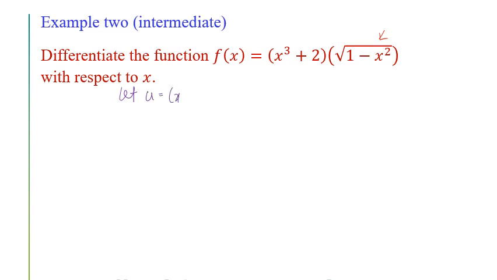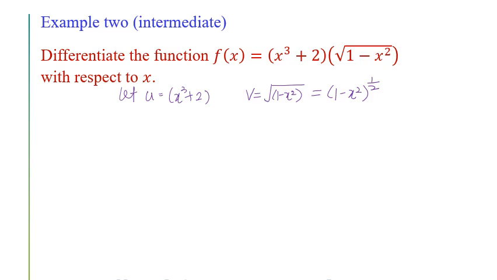Most of the time, I would advise you to still write down all these steps, because sometimes in the exam you may panic and maybe just make mistakes without knowing. So it's always good to still write down all these steps. This is the power half. Change it to index form.